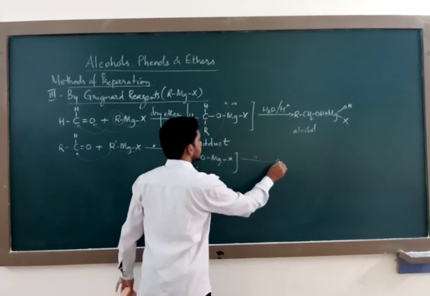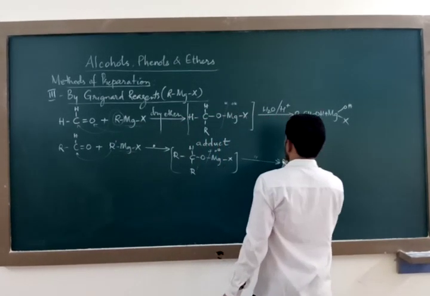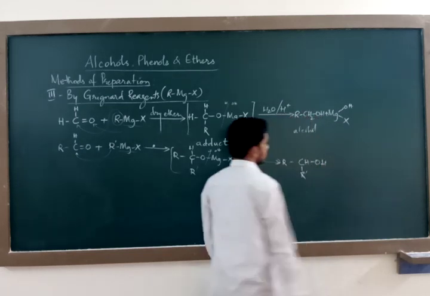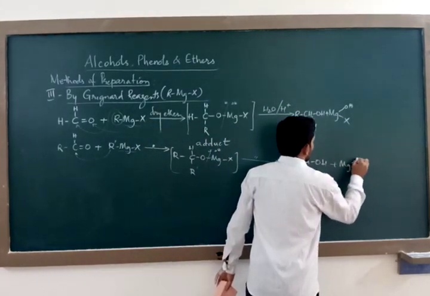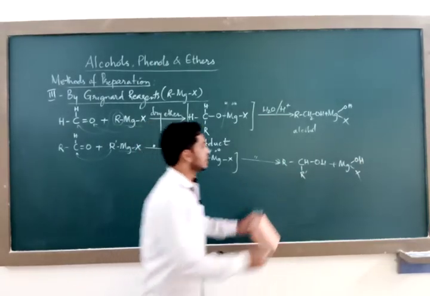Hydrolysis of which will give you RCHR'OH, and the remaining part is Mg, OH and X as it is.